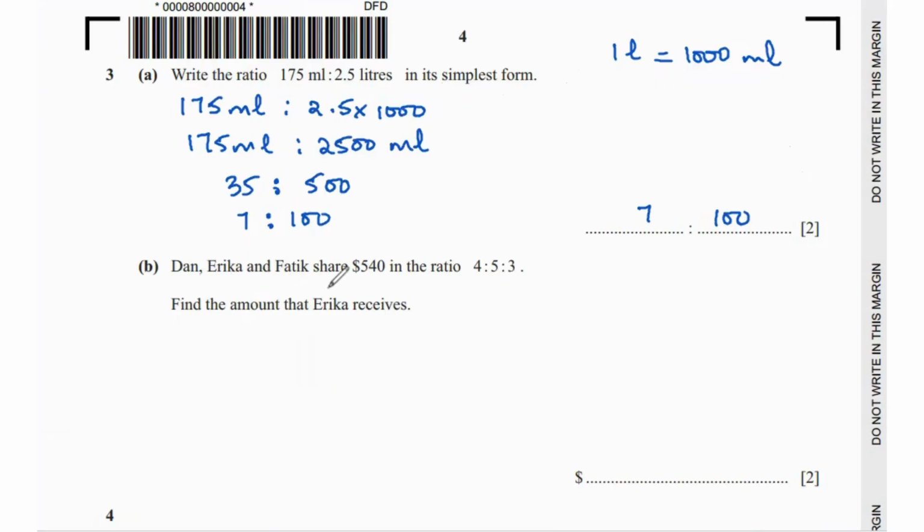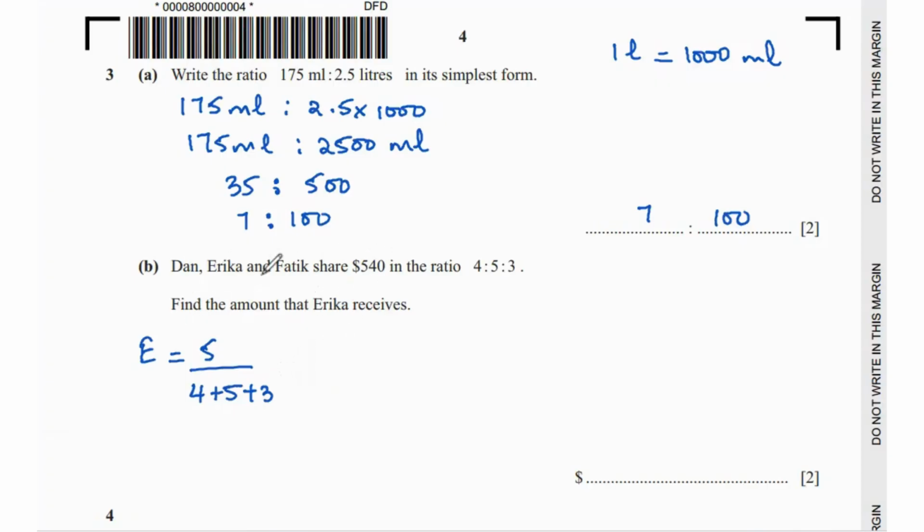Then Dan, Erica, and Fatik share $540 in the ratio 4 is to 5 is to 3. Find the amount that Erica receives. So for Erica, we'll first create a fraction that will be 5 out of 4 plus 5 plus 3. The denominator is the sum of values in the ratio, and the numerator is the number assigned to the person that we're talking about.